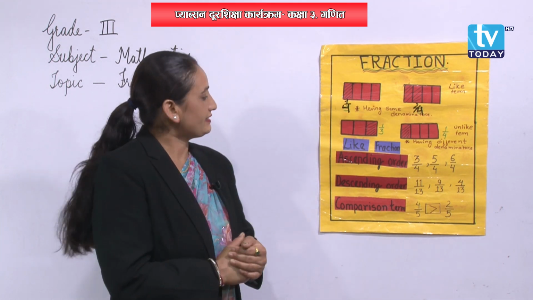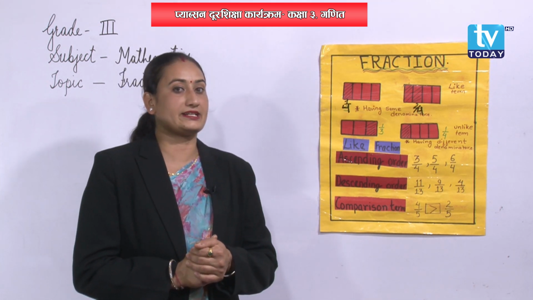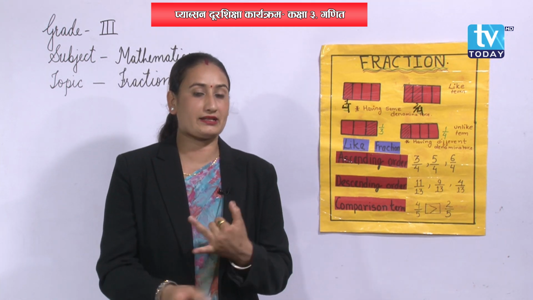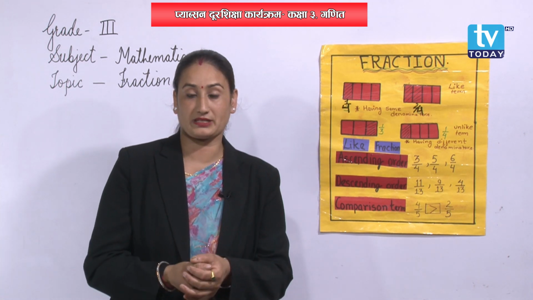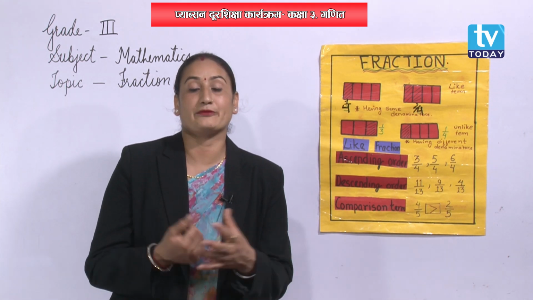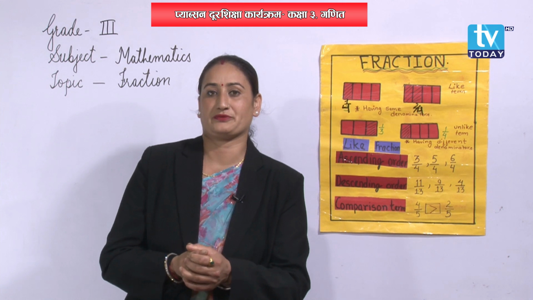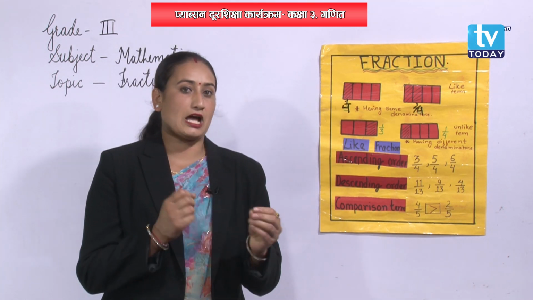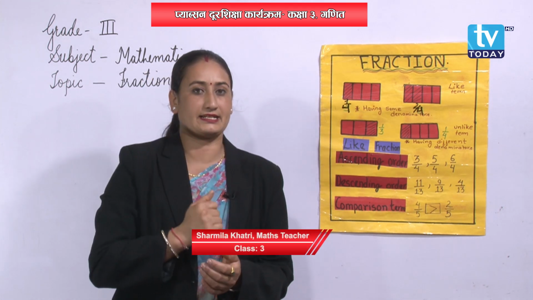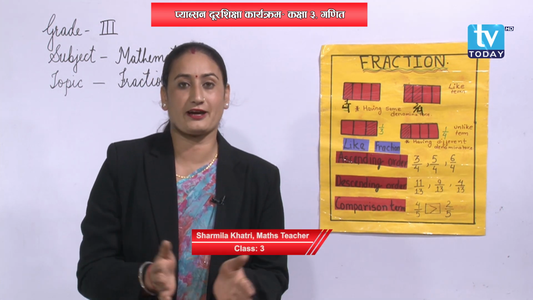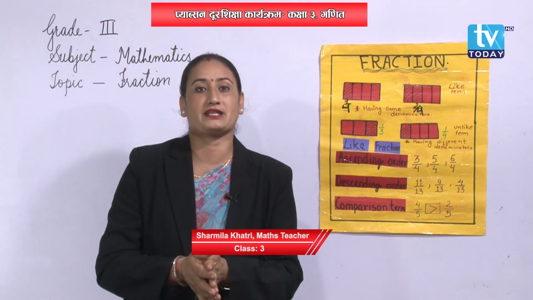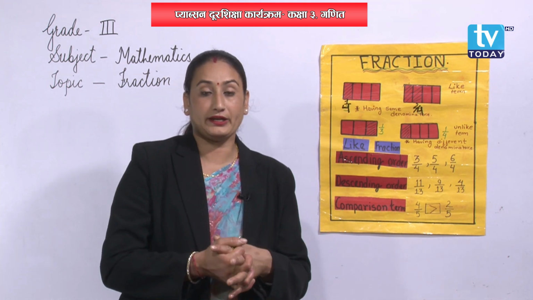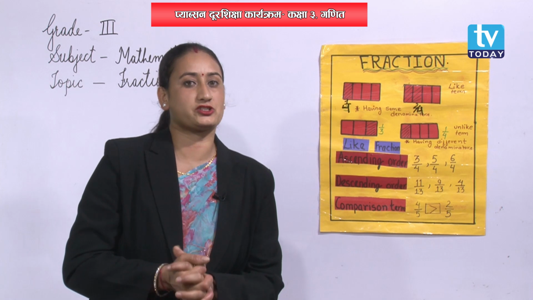Okay. Now, I have already said 2 things, that is what? Like terms and unlike terms. I hope you are clear about like and unlike terms. Now, students, you are going to learn ascending order and descending order, right? Also the comparison signs of like terms and unlike terms. Okay, first of all, let's do like terms.